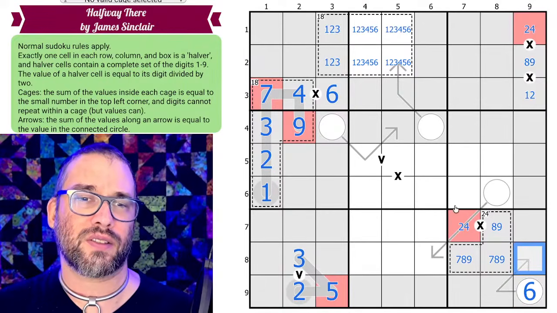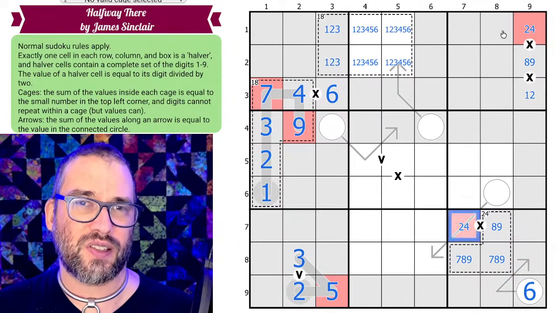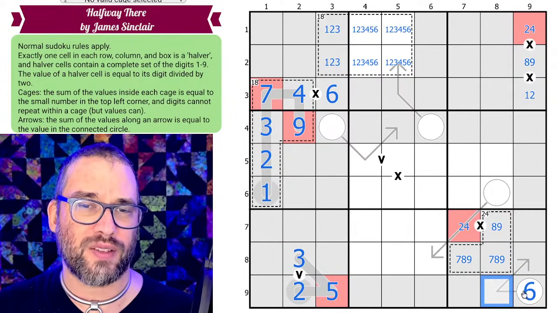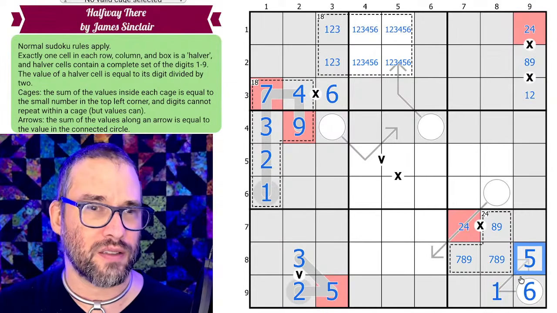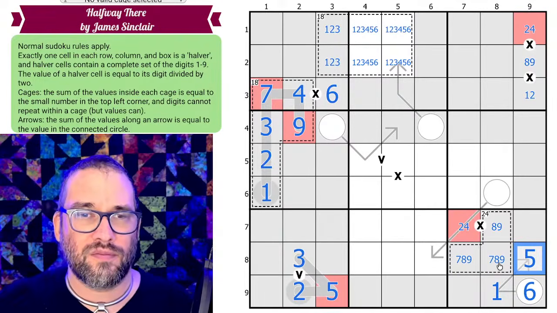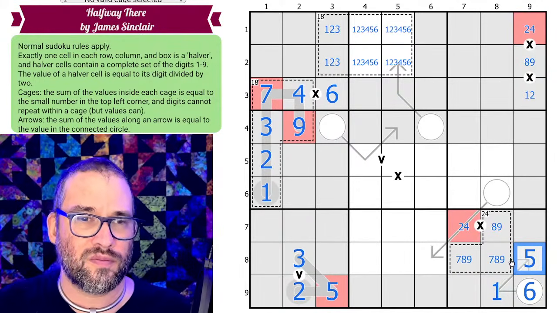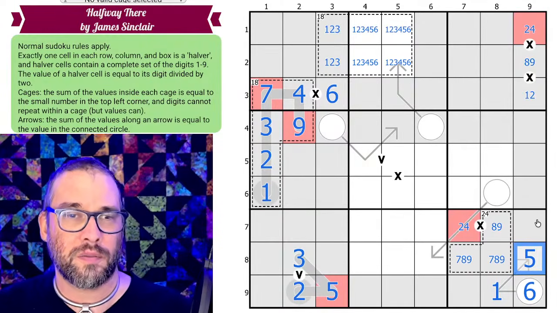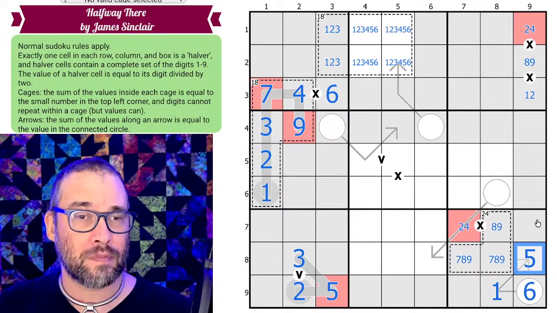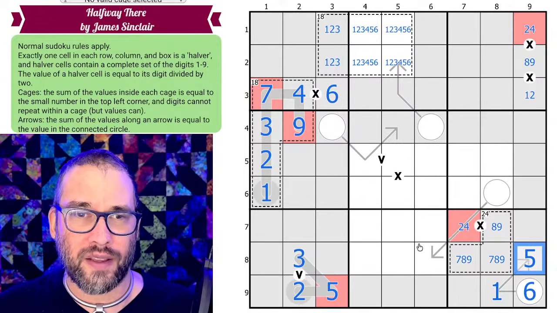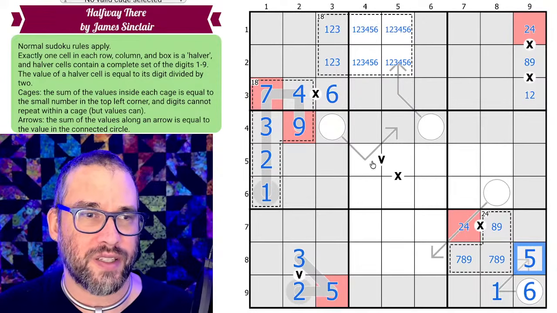And this one sees this 2, 4 pair. So this can't be 2, 4. It has to be 1, 5 in that order. Okay. Well, that was productive.